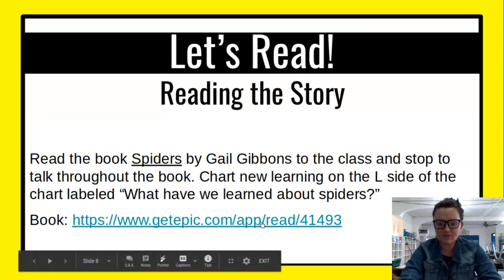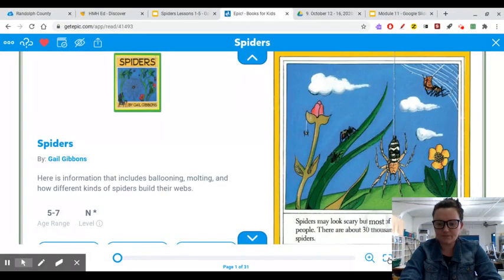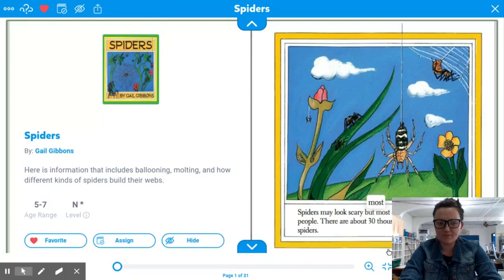Okay, so here's the book right here. So, this one's called Spiders by Gail Gibbons. You can read this on Epic if you would like. So it says, spiders may look scary, but most of them don't hurt people. There are about 30,000 different kinds of spiders.